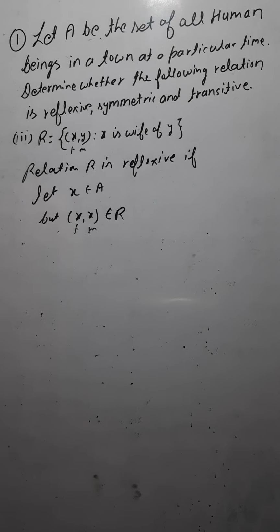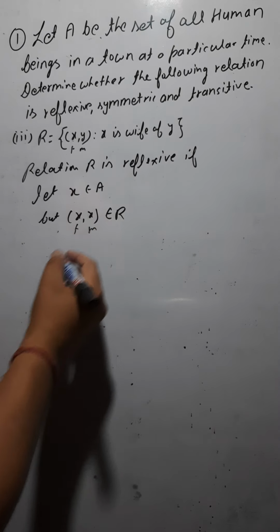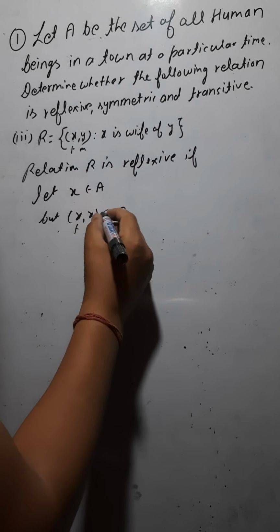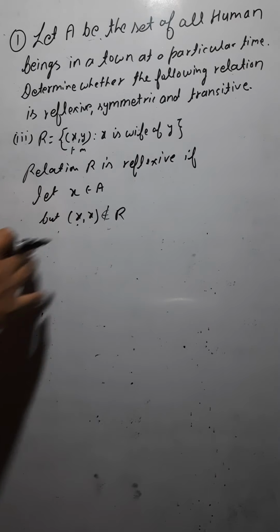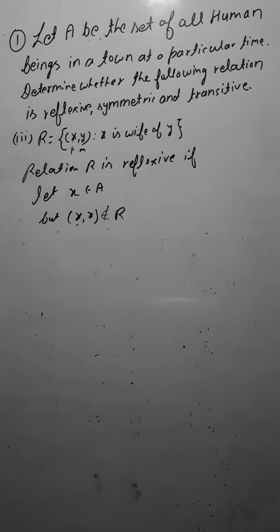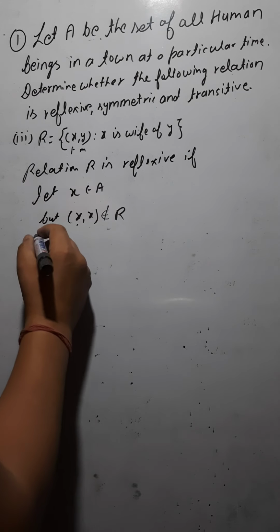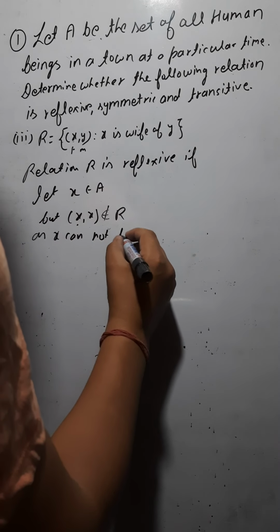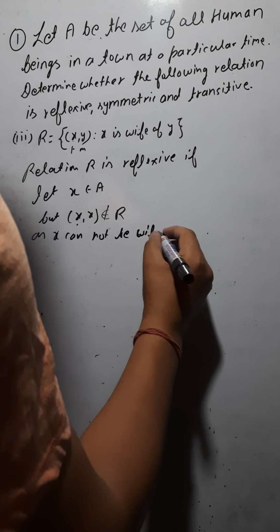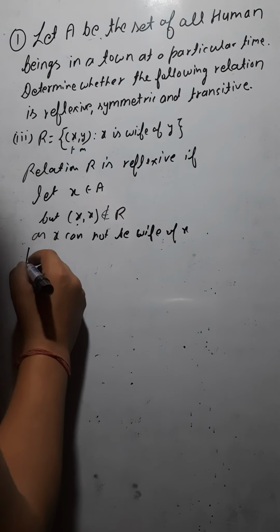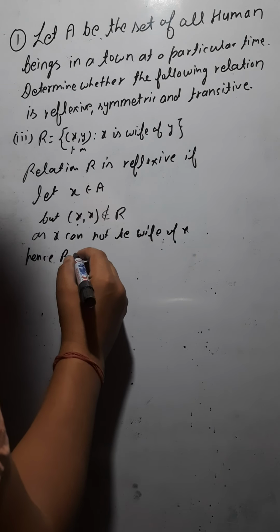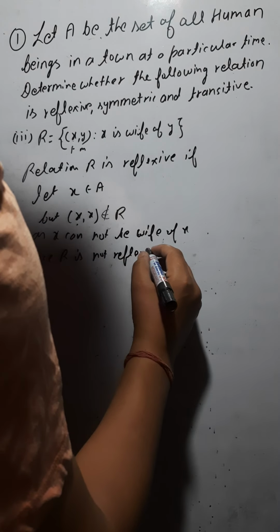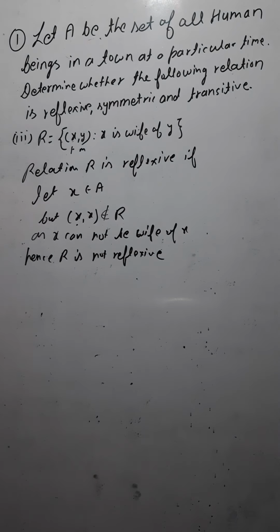Is it possible? No. So this doublet (x, x) does not belong to the given relation. Hence, as I would write here, x cannot be wife of x. Hence R is not reflexive.